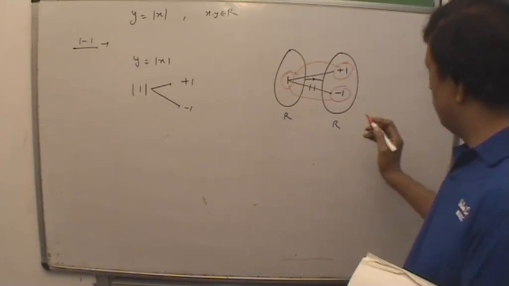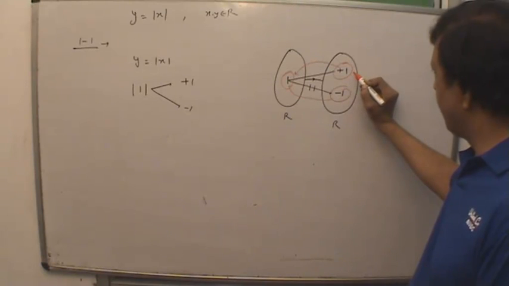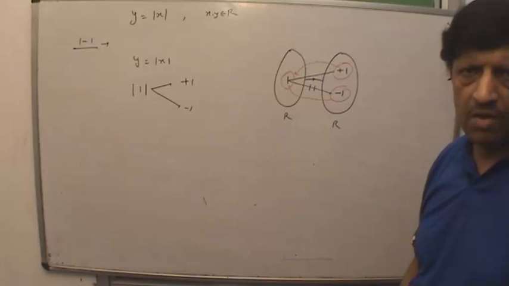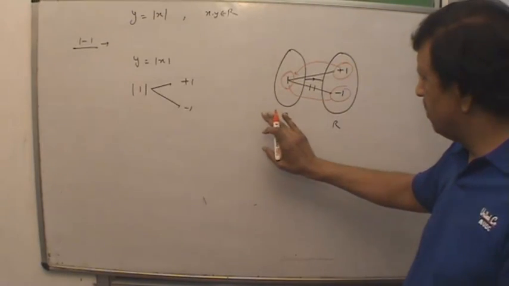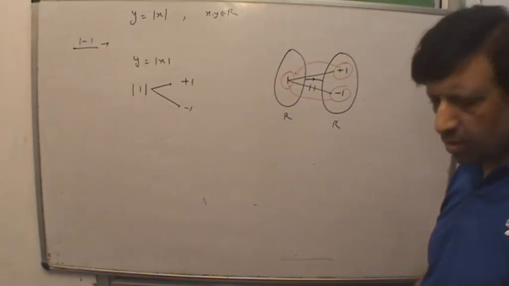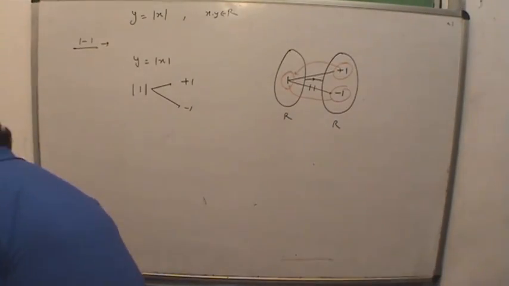It means every image has at least one pre-image in the domain. So we can say it is onto, but it is not one-one. Let us consider some more examples from this.